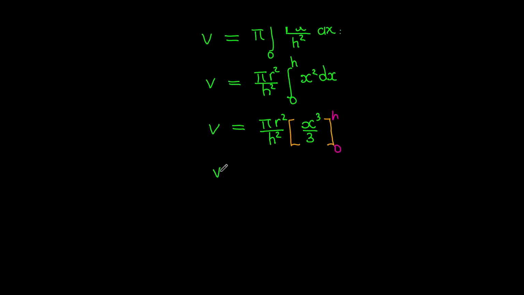So let's move on, and we have V equals pi r squared over h squared, and this is multiplied by inputting h cubed over 3. Remember, we said this is minus 0, so just ignore the 0. And now you can see here that the h squared will cancel with one of these h's, and some people normally get confused at this stage.